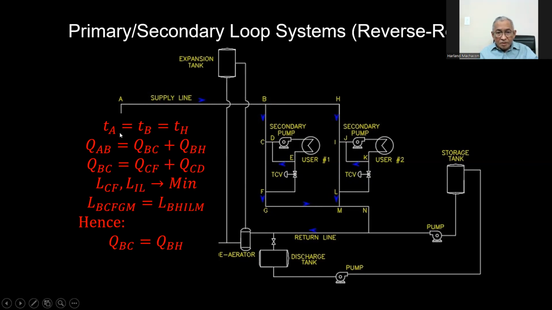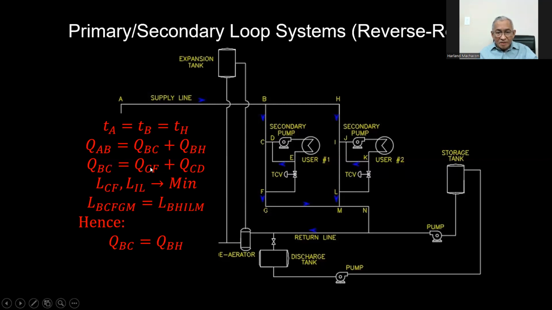So let us take a closer look. Temperature of A is equal to temperature of B is equal to temperature of H. And the flow AB is equal to flow BC plus flow BH. And flow of BC will be equal to the flow of CF plus flow of CD.